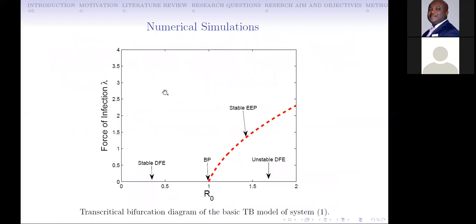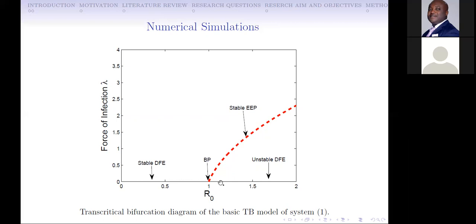Numerical simulation. Our system, model 1, undergoes a transcritical bifurcation. A transcritical bifurcation occurs when there is an exchange of stability between the disease-free equilibrium and the endemic equilibrium. R0 here plays an important role in epidemiology.